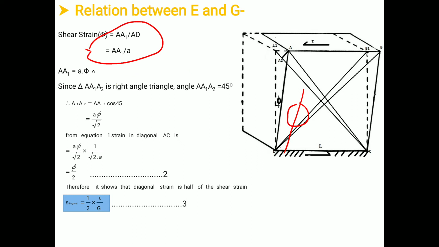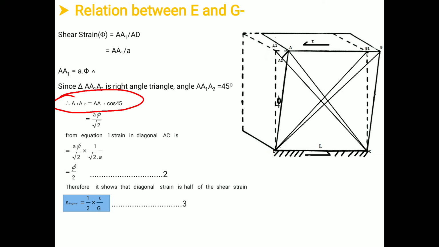If you look at the figure, triangle A A1 A2 is a right angle triangle, and therefore the angle A A1 A2 is equal to 45 degrees. Therefore, from this figure we have the value of A1A2 equal to A1A cos 45, by using the trigonometrical relation.